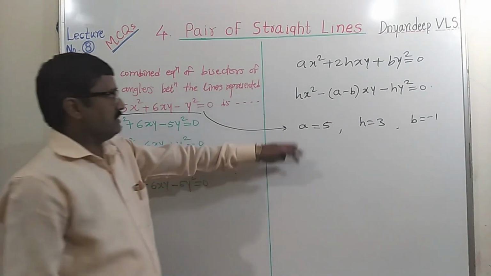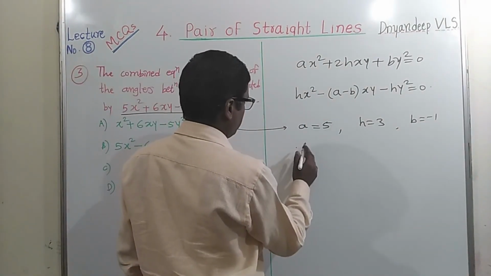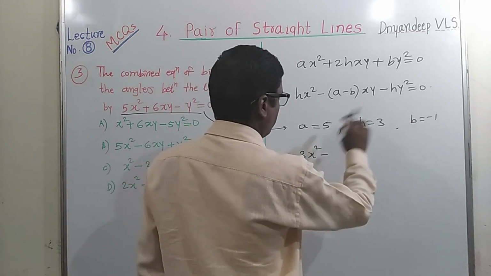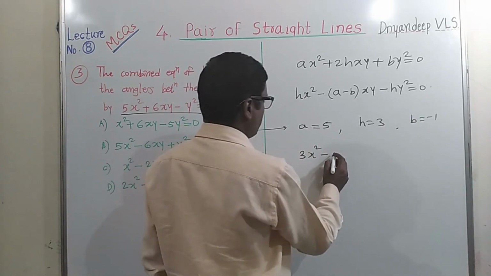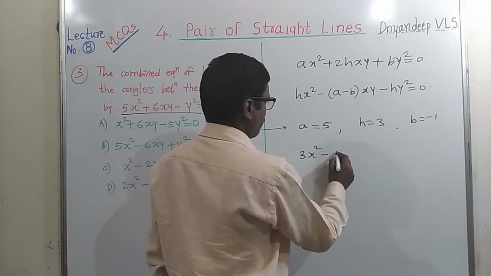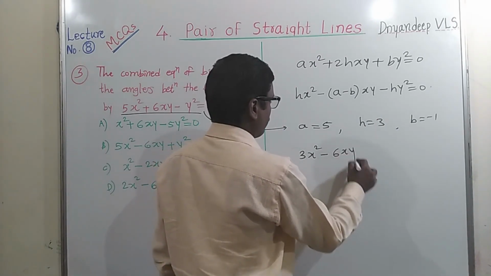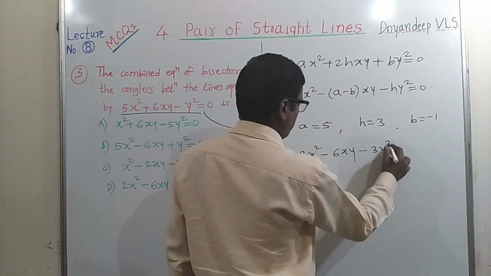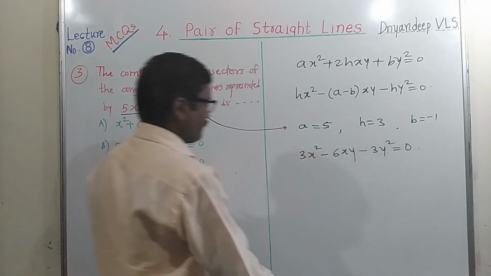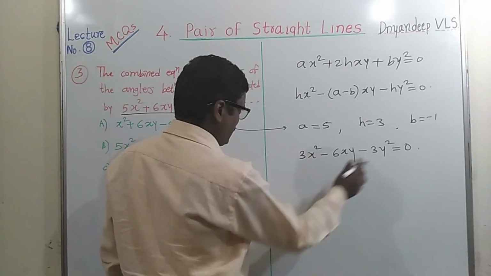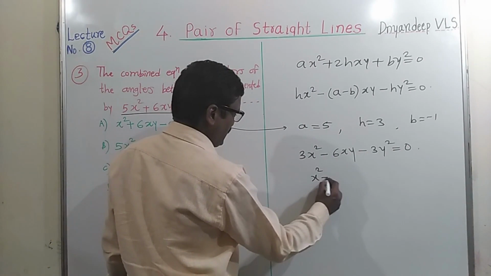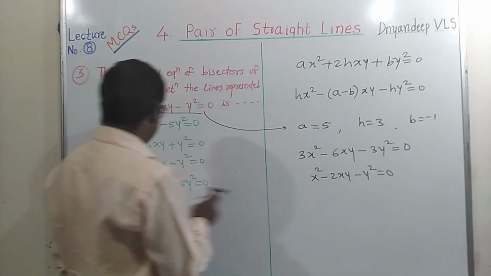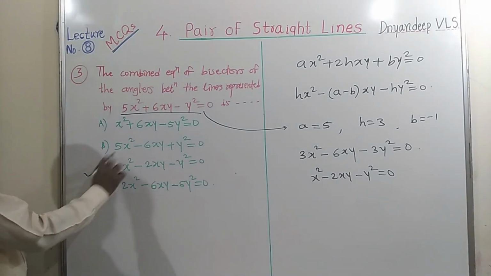Now use these 3 values in this equation. hx square, h means 3x square, minus (a minus b), that is 5 minus of minus 1, that is 6, so minus 6xy, and last is once again h, that is minus 3y square equal to 0. Cancelling 3 from each term, we get x square minus 2xy minus y square equal to 0, and that is nothing but the option C.